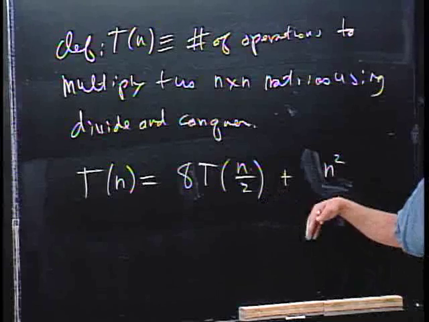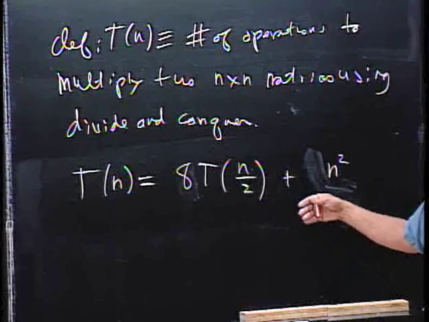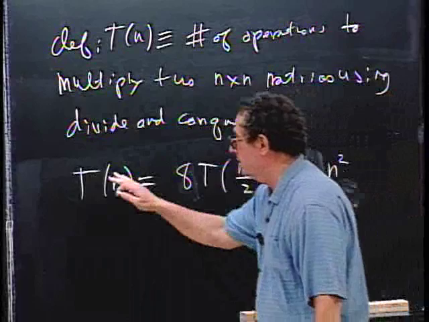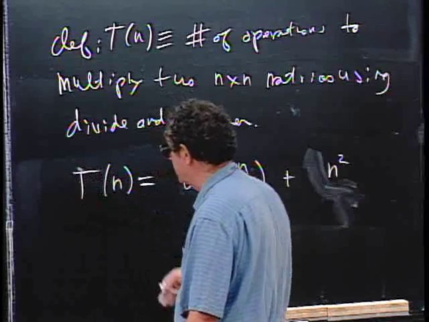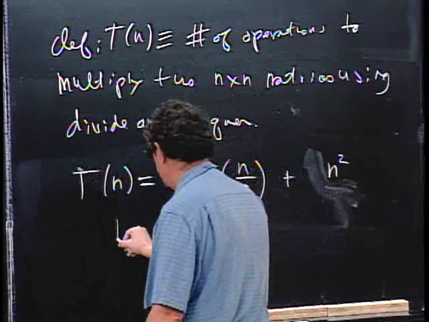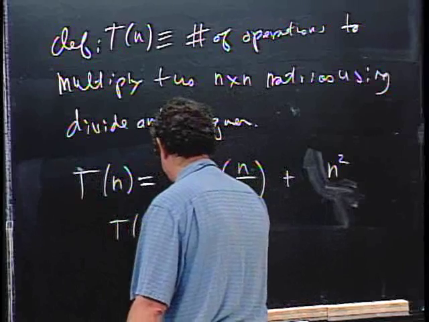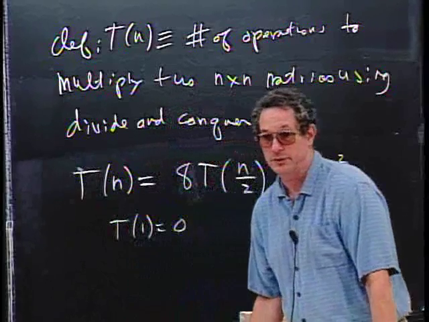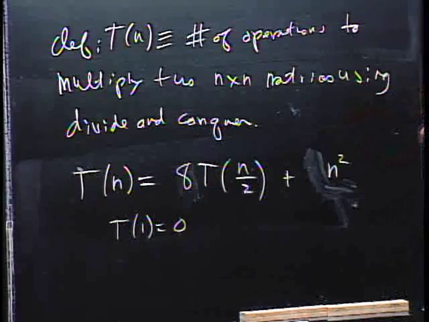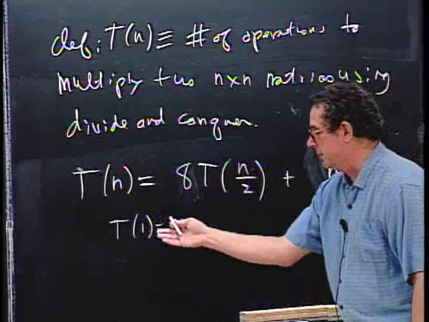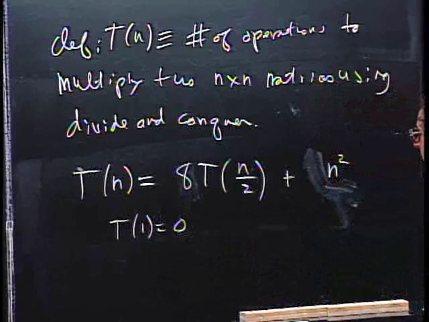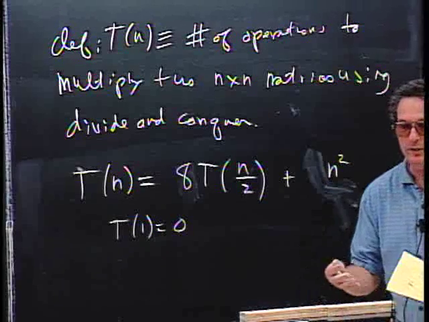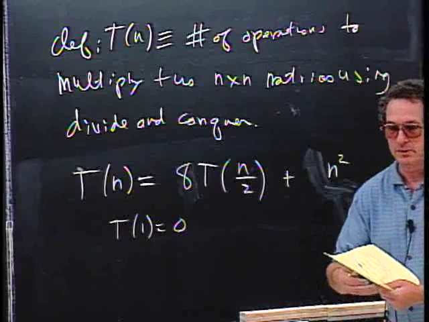We can unwrap this and figure out what we have for a closed form solution of T of n. And by the way, T of 1 is equal to 0, so that's the base case of this recursion. But if you remember from the master method, we don't even need to look at the base case. The master method already incorporates what would happen if you unwrapped.